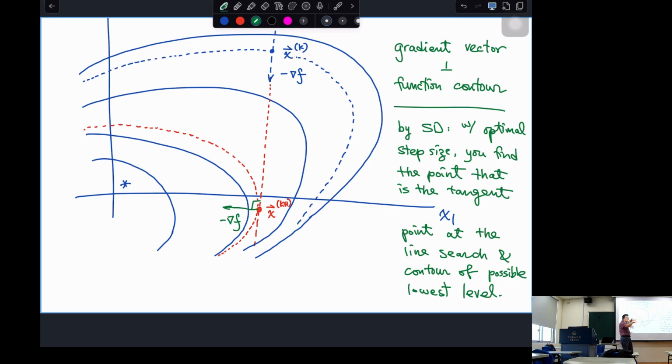So the contour is like a snow mountain, and the goal of the person who skis is to ski back to the house, right? So I always use this skiing as the story of the iteration process of optimization. So the most effective way to ski is to do what?